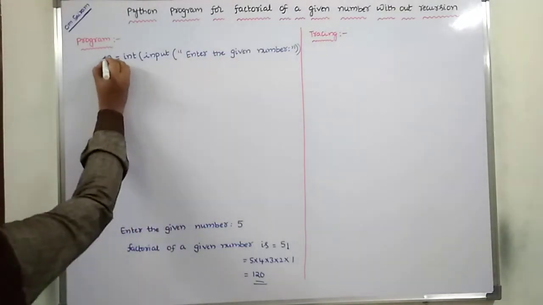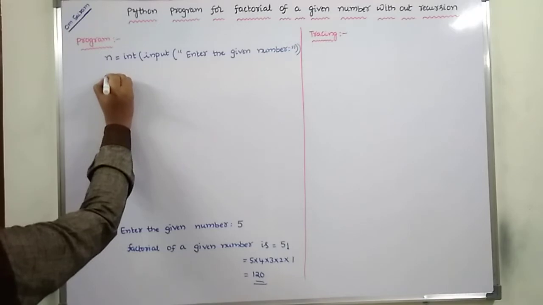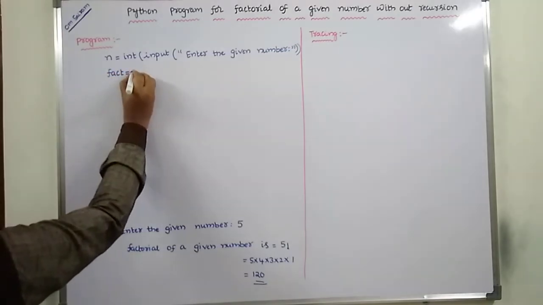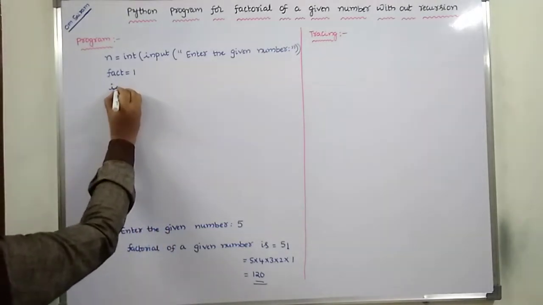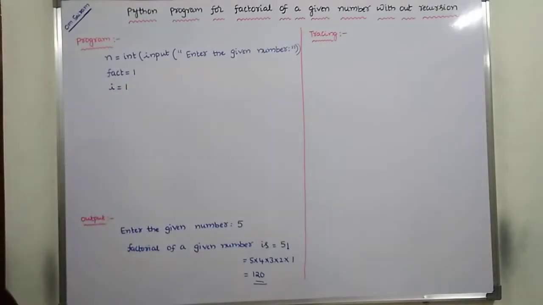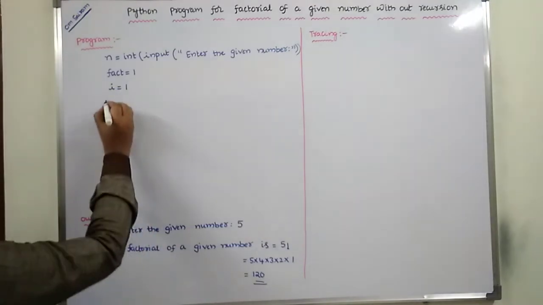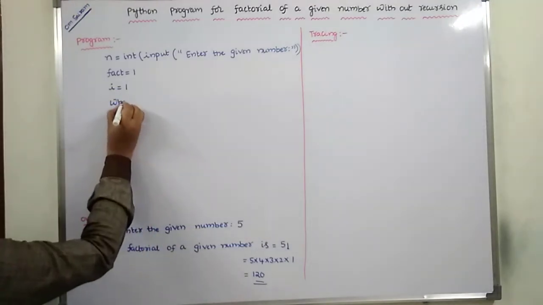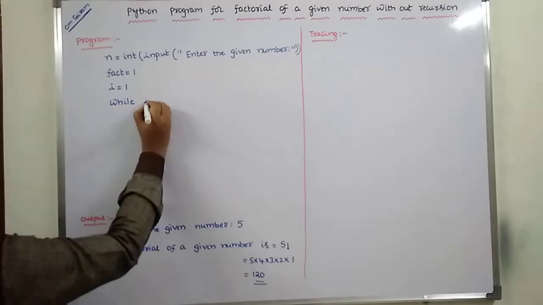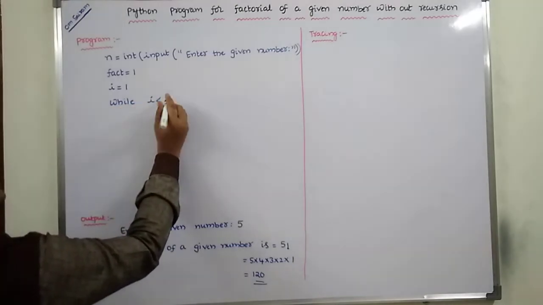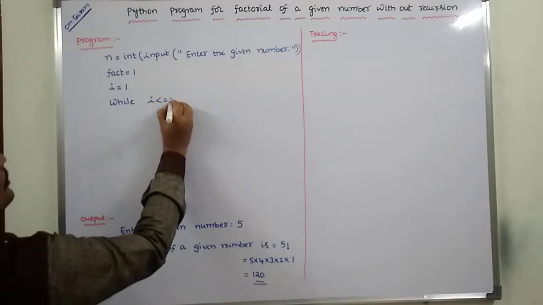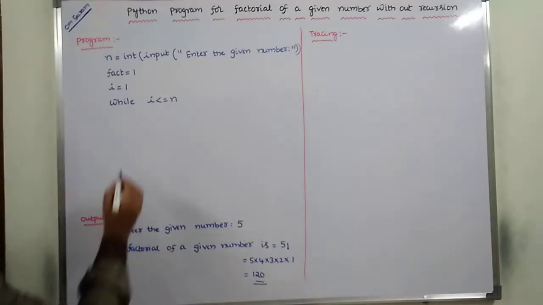Okay, now I am initializing two variables. fact is equal to 1. Next one, loop variable i is equal to 1. Next, while loop: while i less than or equal to n.